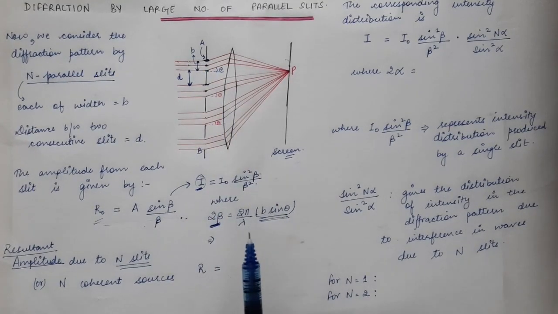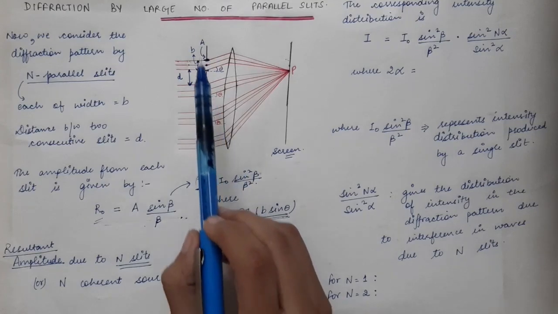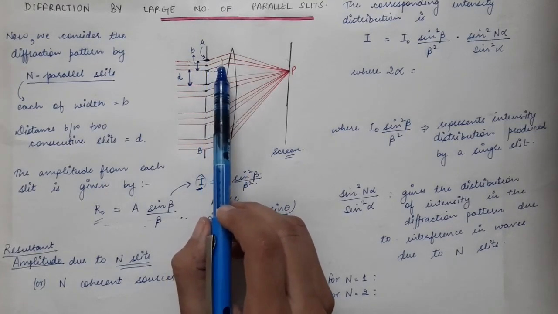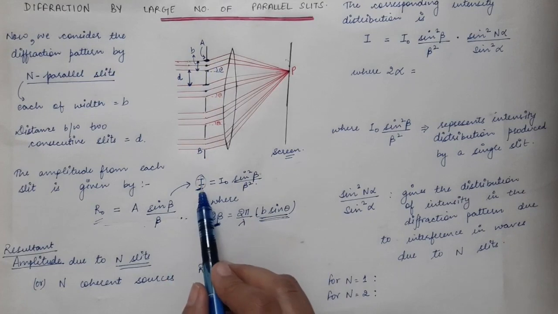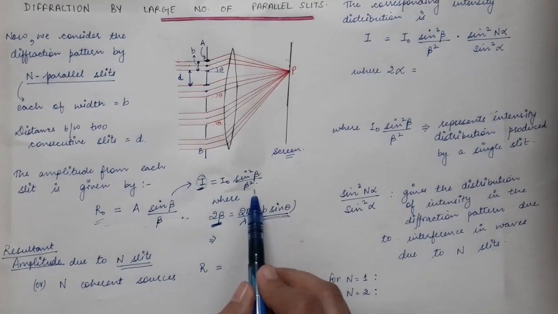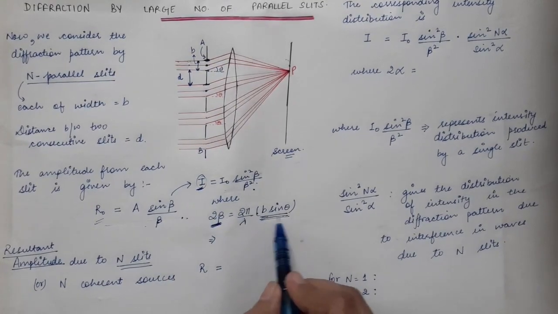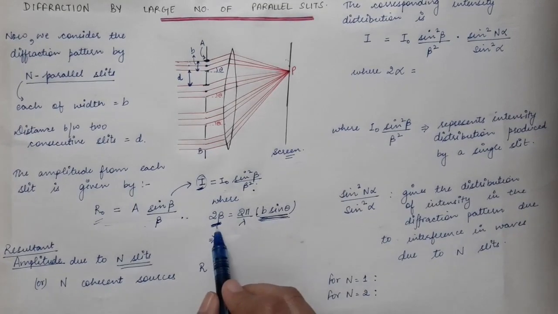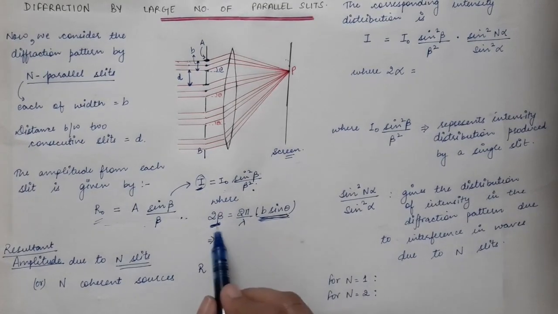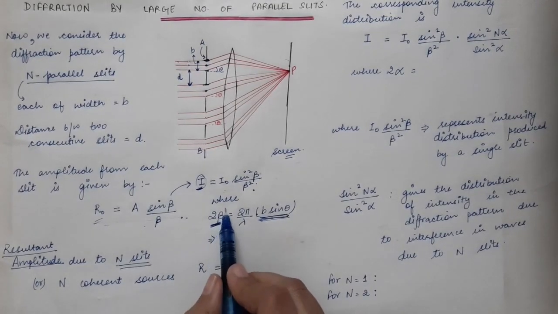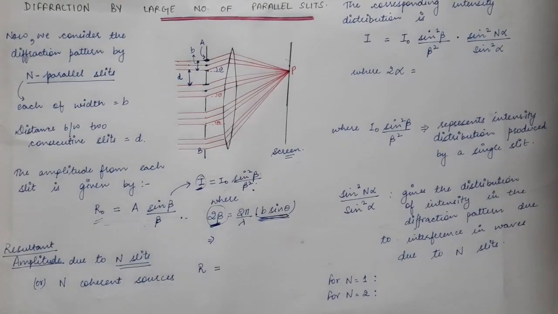You can go through the previous lectures where we discussed diffraction at a single slit. There you will see that intensity has this form. We derived this formula, and also you will see that the path difference b sine theta is related to the phase difference, which we took equal to twice of beta.